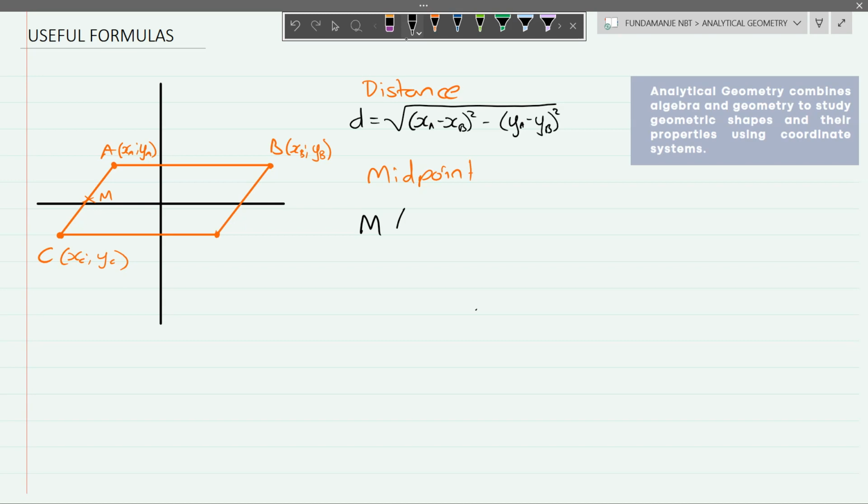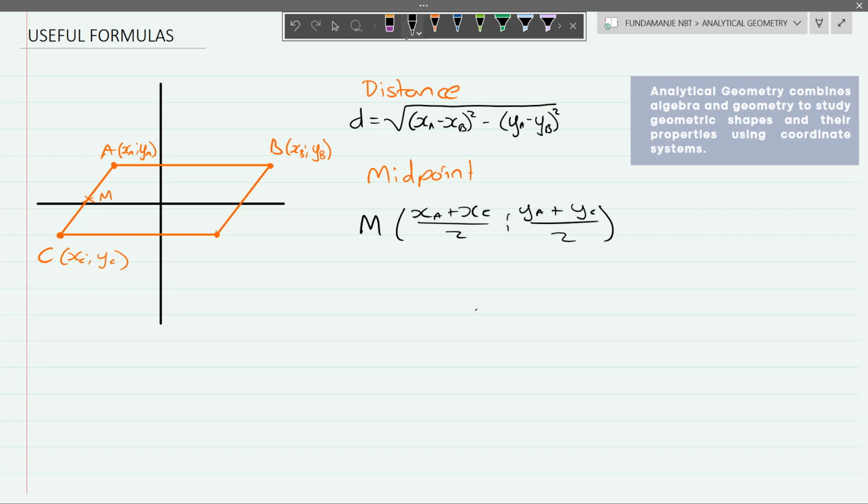M, then we have the addition of XA and XC, the two X coordinates that we are adding up, along with the two Y coordinates of those same two points. So YA plus YC, over 2, and we have that. This is how we find the midpoint of any line.